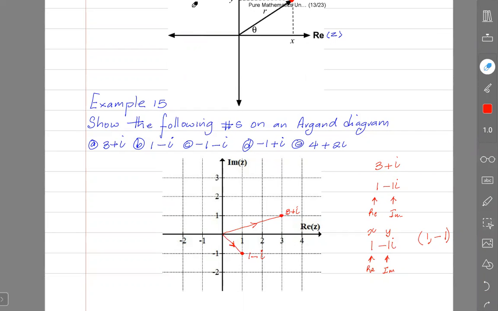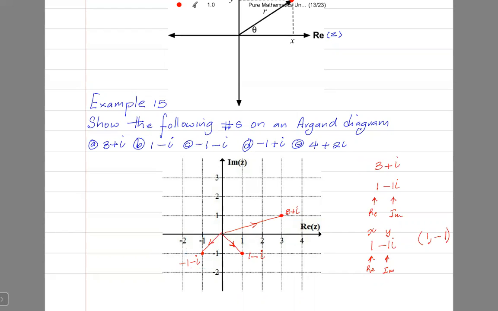All right, so very quickly, guys, make your sketch and put in all 5 complex numbers. So C is minus 1, minus 1. So this is C. This is the complex number minus 1 minus i.